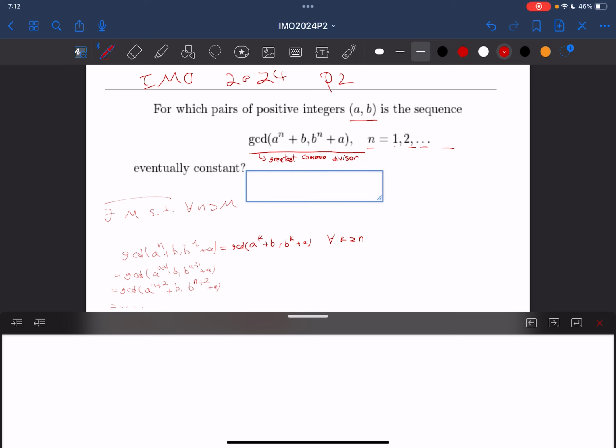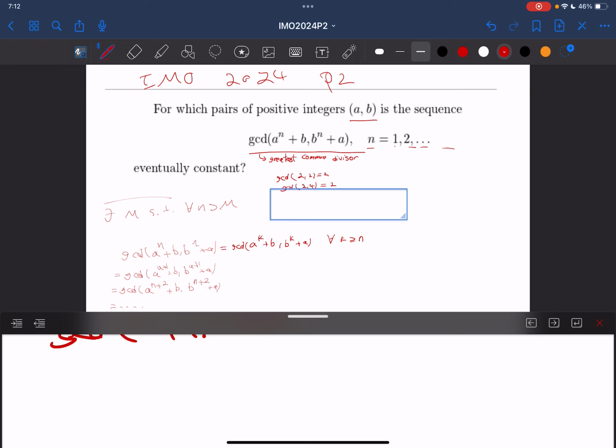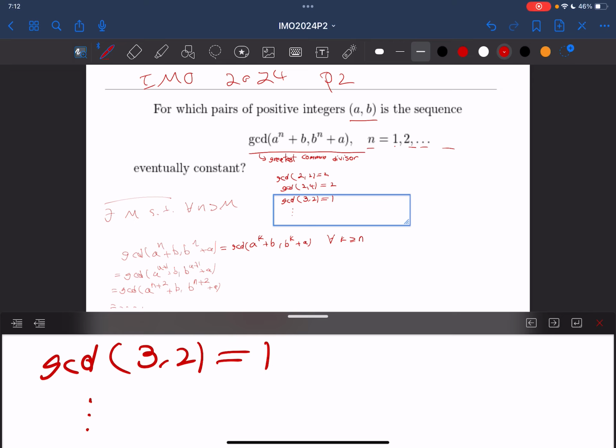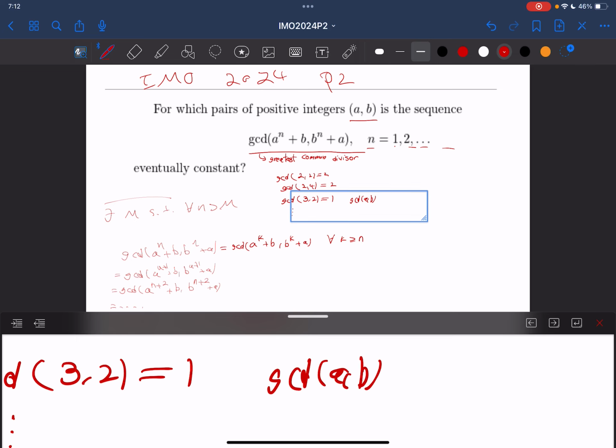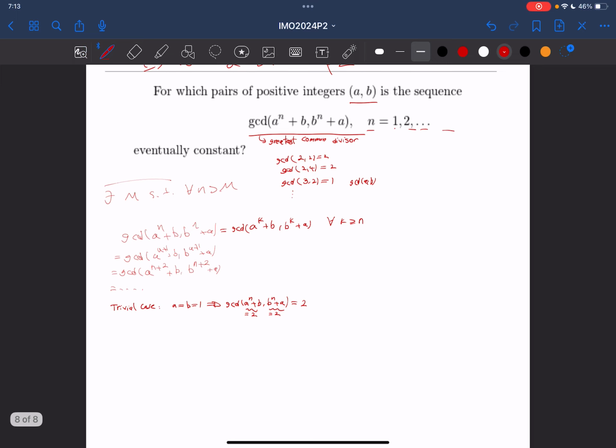For example, GCD of 2 and 2 is 2, GCD of 2 and 4 is 2, GCD of 3 and 2 is 1, etc. This is the greatest common divisor of two numbers, called the GCD of a and b. And that's all we need to know to understand this statement.